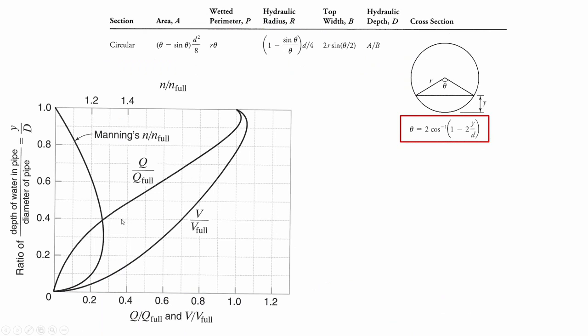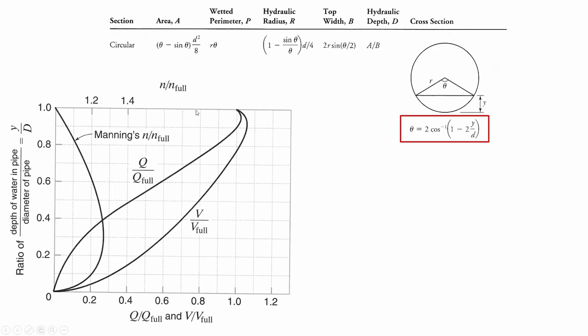Now here's that graph that I was mentioning. And what this shows, first of all, the first curve I want to show you is this one. This curve is the ratio of the flow capacity of the pipe compared to when the pipe is full. So if you follow it, down here is the axis. It says Q to Q full. It's a ratio. Here's 1.0.